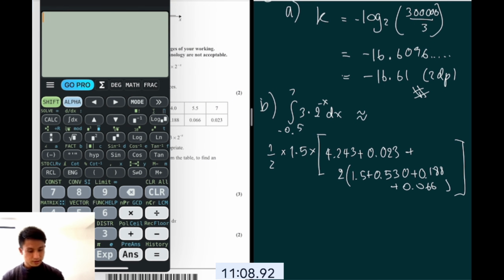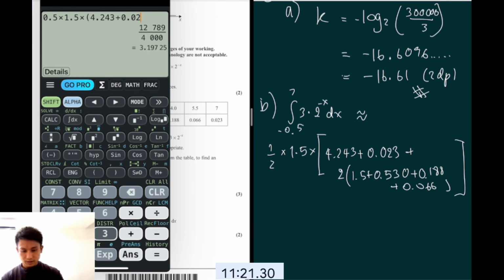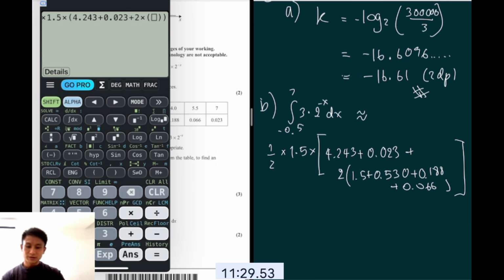Okay, 0.5 times 1.5 times brackets 4.243 plus 0.023, then plus 2 times bracket. I'm just going to do that first to avoid misplacing brackets. And then we have to put the other ones inside.